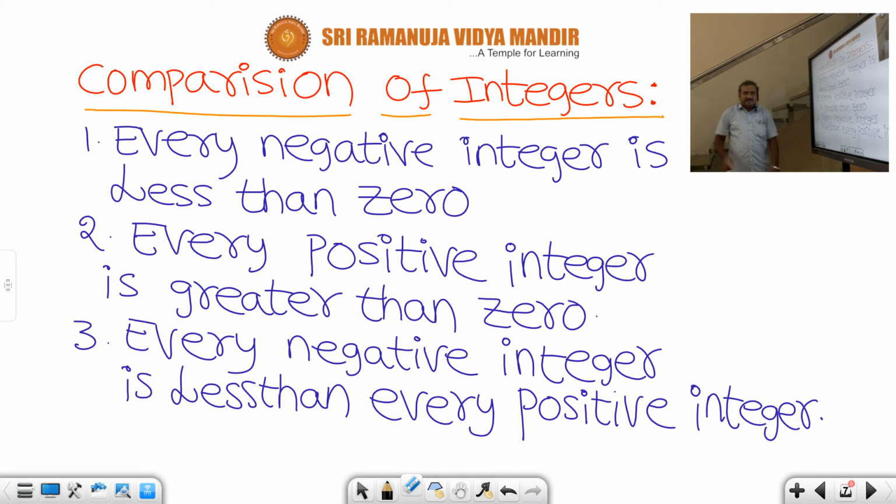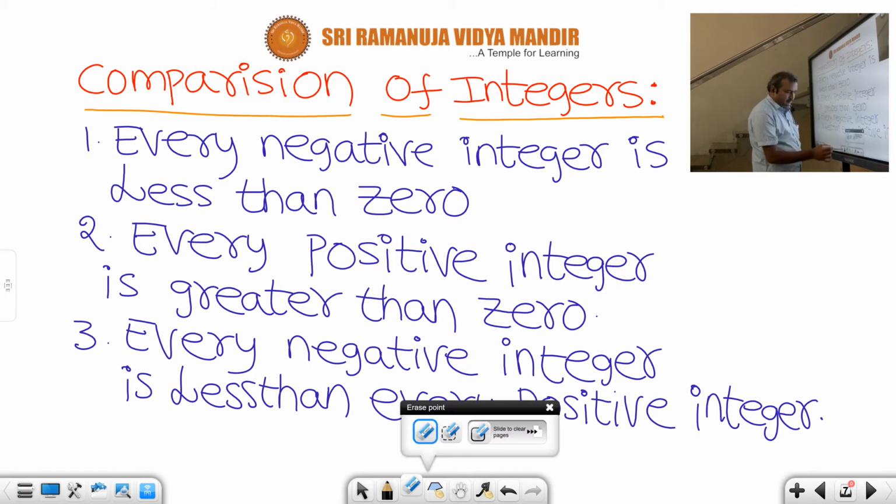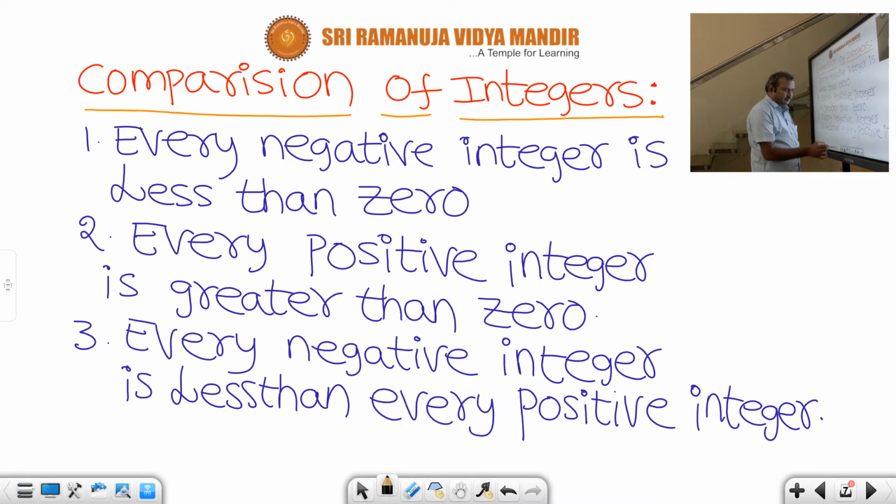Now, take another example. Minus 3 is a negative integer, and take a positive integer, which is 10.